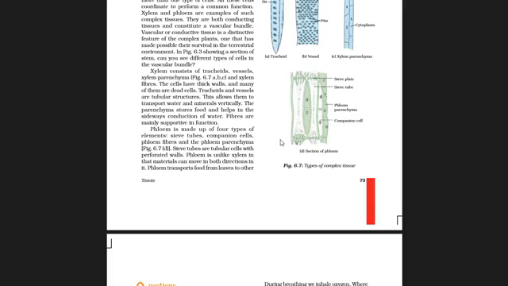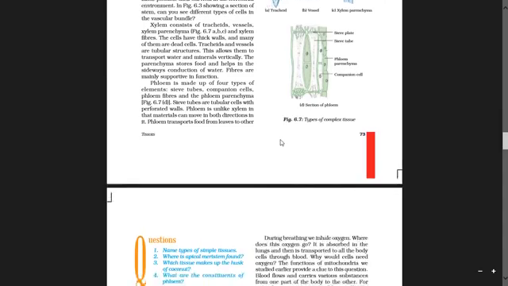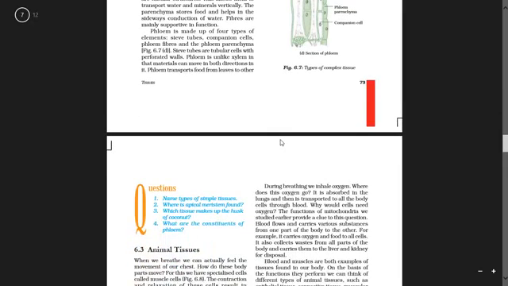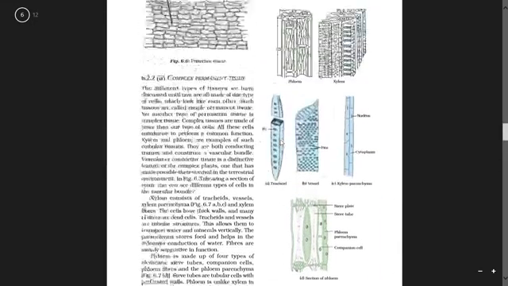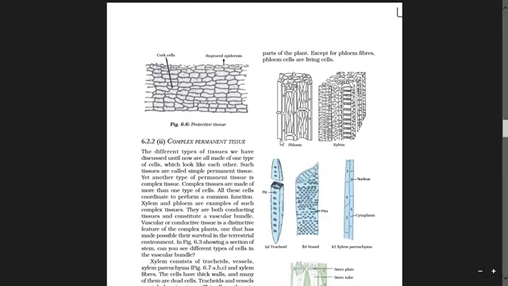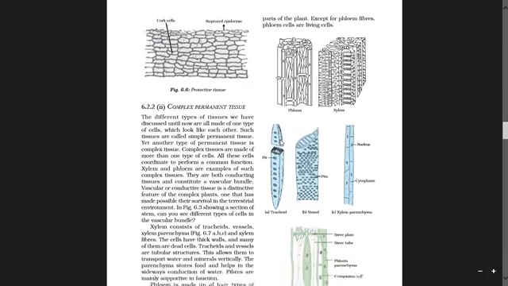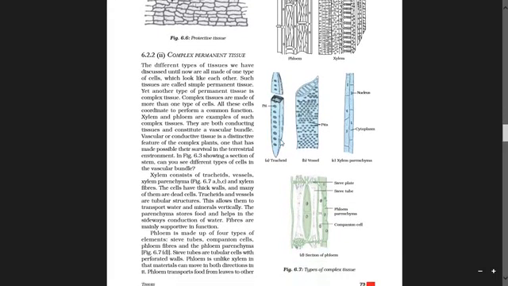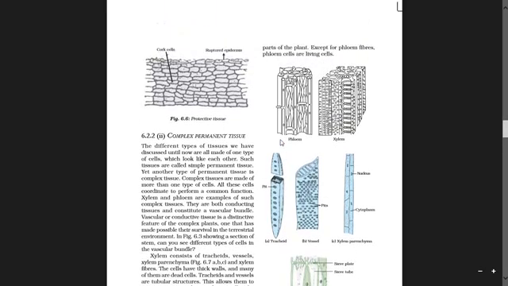So what is phloem going to do? Phloem transports food from leaves to other parts of the plant. So you can see that here it is going to transport food from leaves to other parts of the plant. Why from leaves to other parts of the plant?